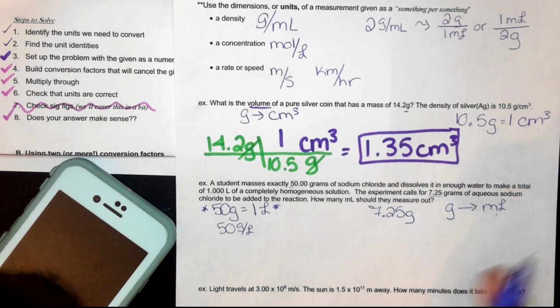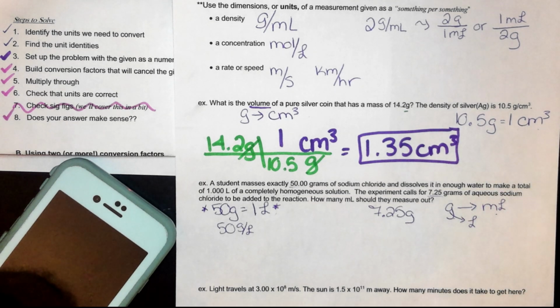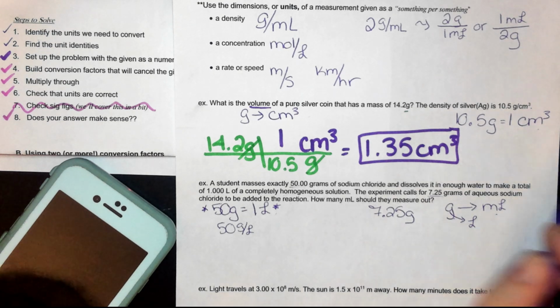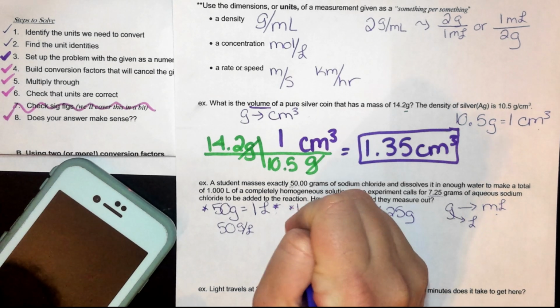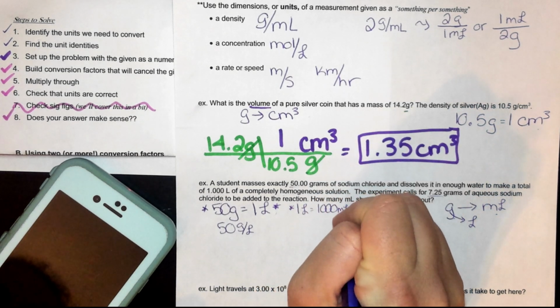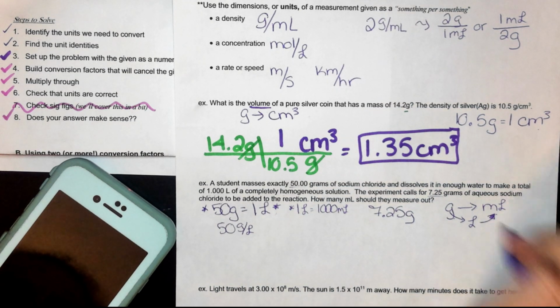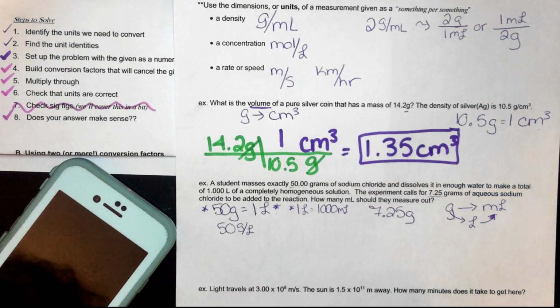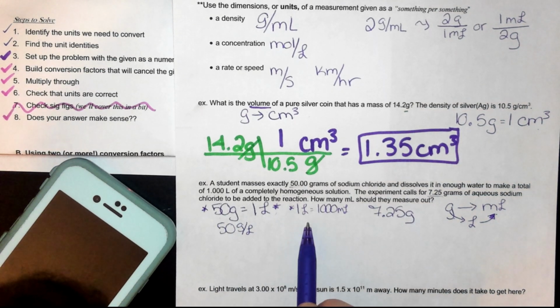So that'll get me from grams to liters. And if we do our metric conversions, I can also tell you that 1 liter is equal to 1,000 milliliters. So I can get from liters to milliliters. All right, so we found our unit identities. 50 grams is 1 liter, and 1 liter is 1,000 milliliters.